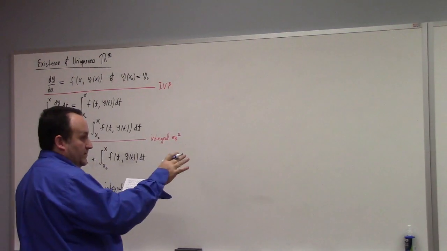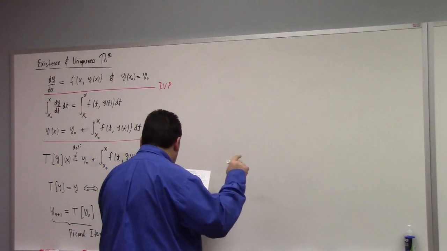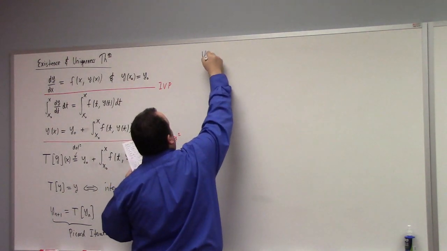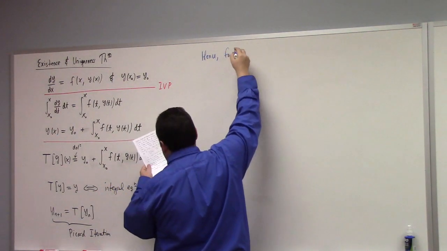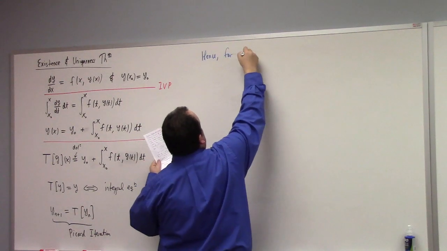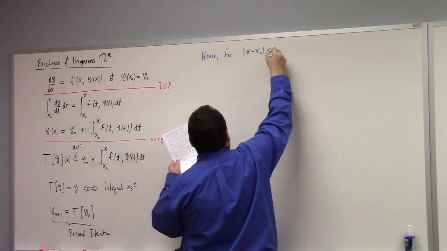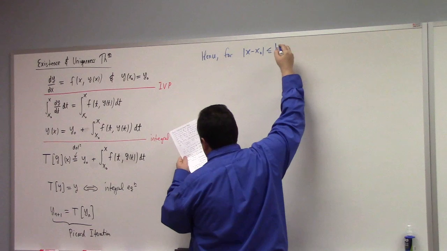All right, so hence for |x - x₀| ≤ h₁, I'm going to try to speed through this.